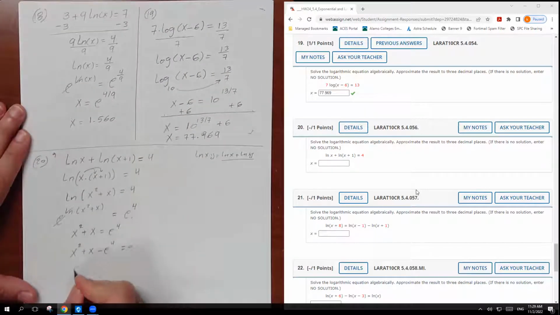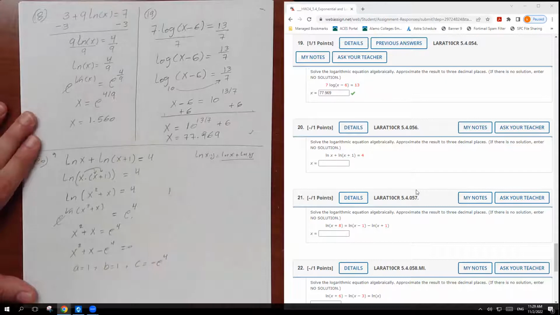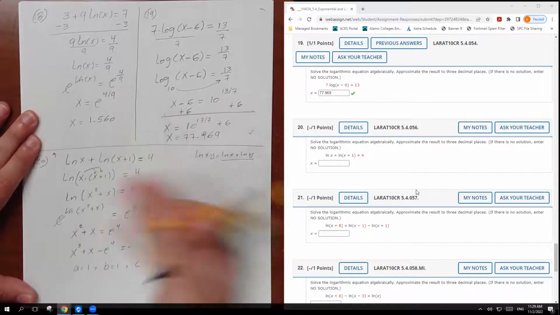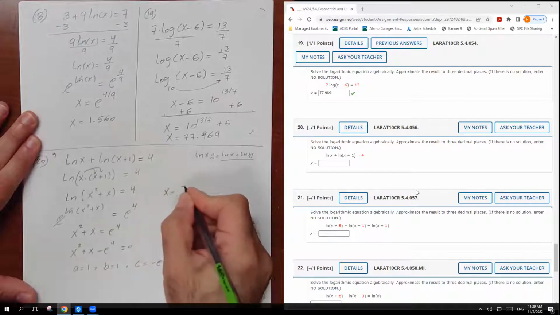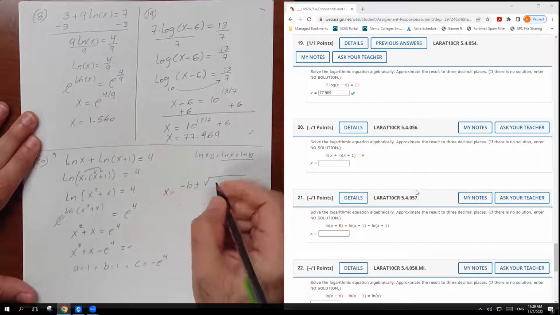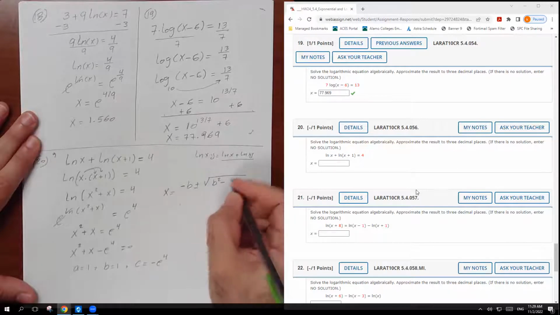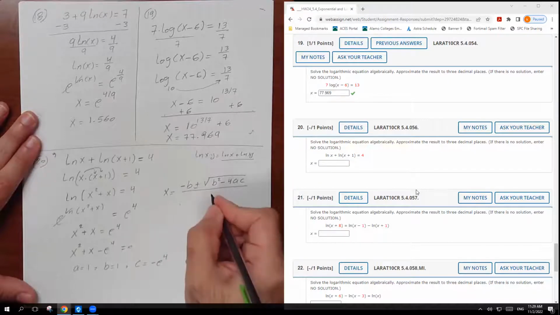So you're going to say a equal 1, b equal 1, and c equal negative e to the power 4. I'm not going to do this one. You just have to find the value of x by using the quadratic formula, which is x equal negative b plus or minus the square root of b squared minus 4 times a times c, divided by 2.